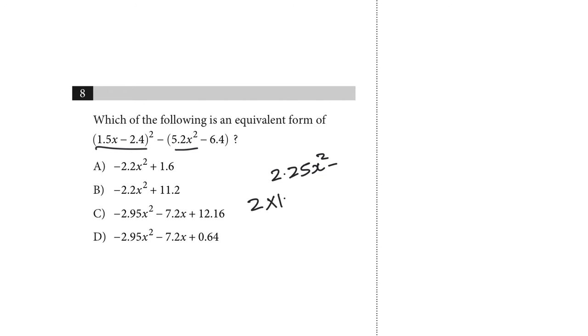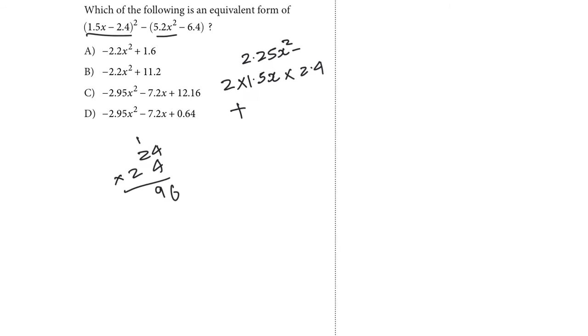So 2 times 1.5x and 2.4, plus 2.4 squared. So what would that be? 2.4 times 2.4, 4 times 4 is 16, we'll have 9, correct?